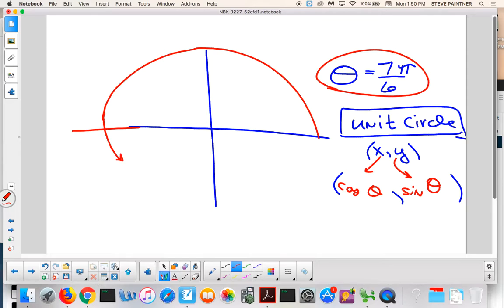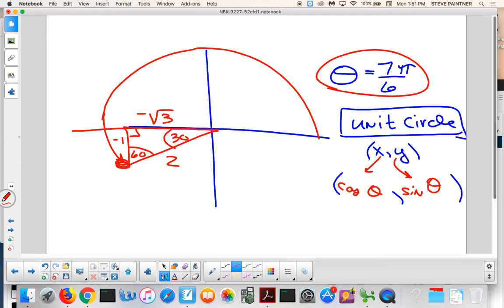Isn't it 210 degrees, right? So you're right here on the circle, and this creates what triangle? Reference angle of 30, okay. And this is going to be 2, this would be -1.